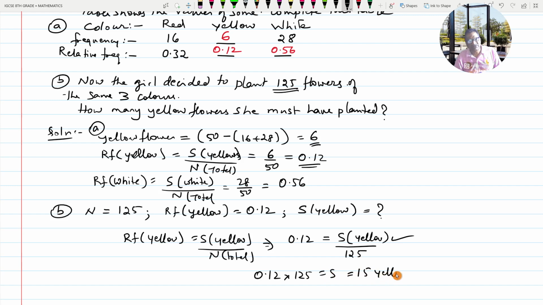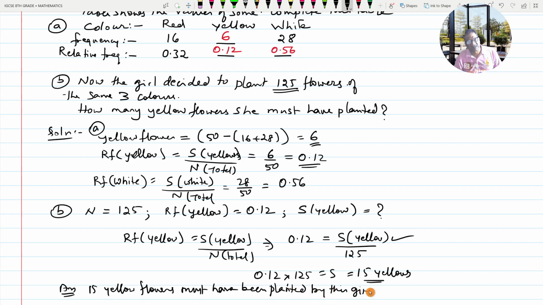So 15 yellow flowers the girl must have planted. So the answer is 15 yellow flowers must have been planted by this girl, isn't it? So out of 125, when the total is 125, the number of yellow flowers will be 15.